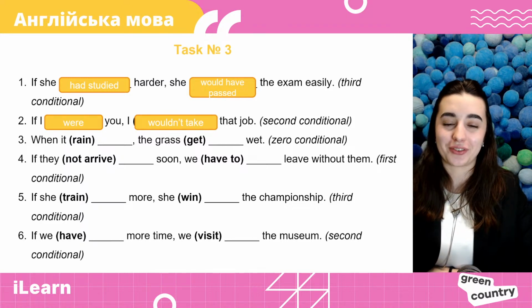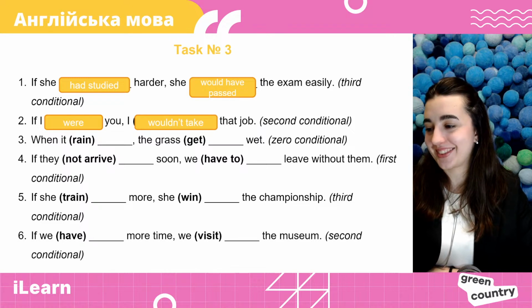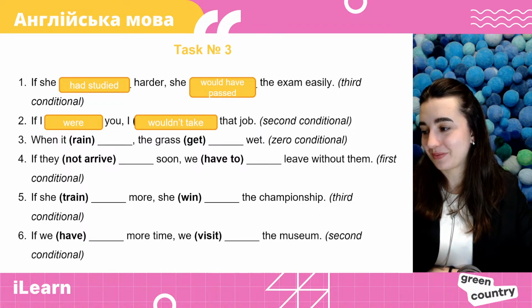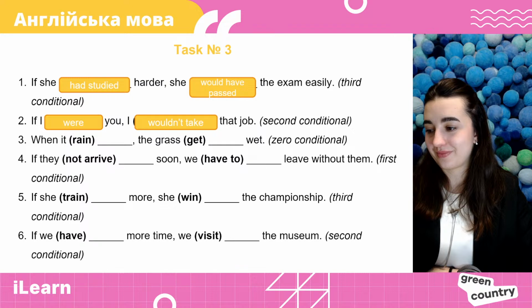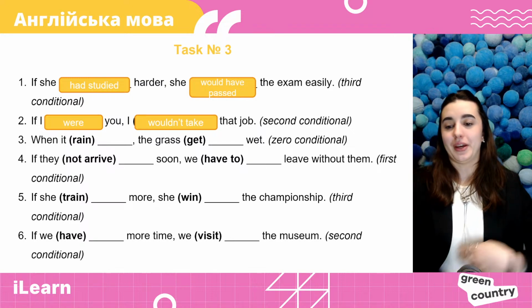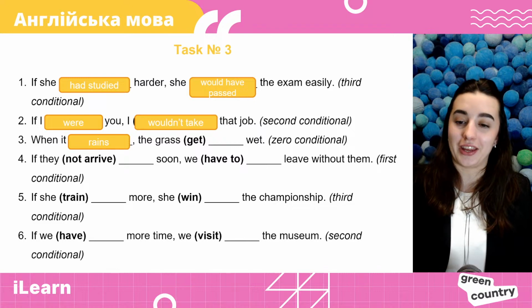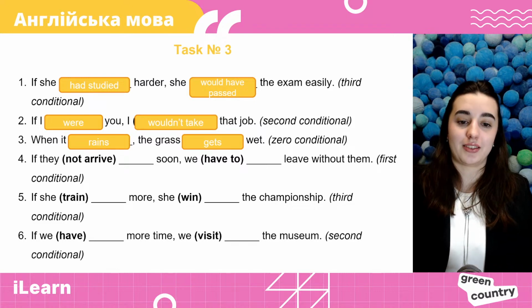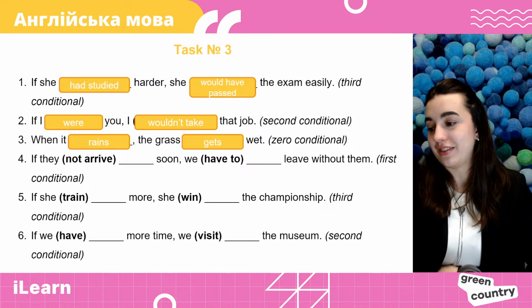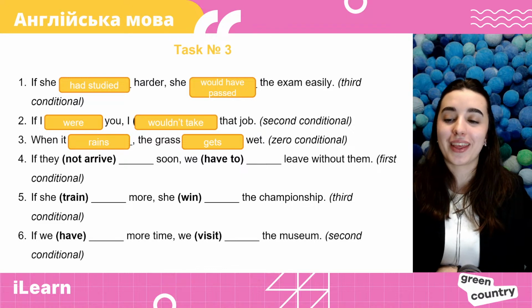Or maybe we should have there a verb. Okay, I think it's the easiest one. So when it rains, the grass gets wet. Okay, thank you very much for your answers.